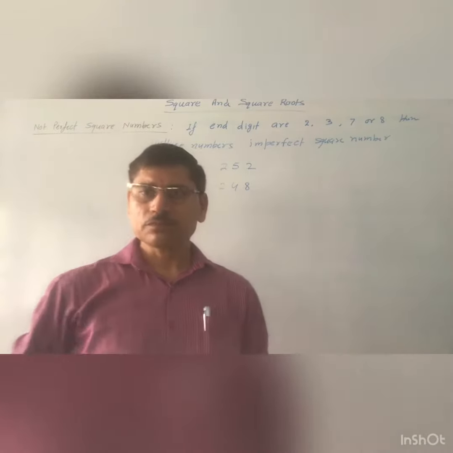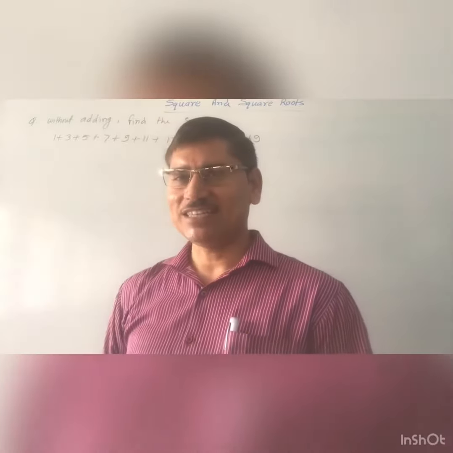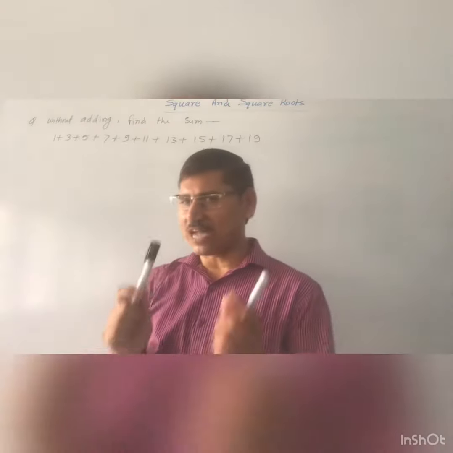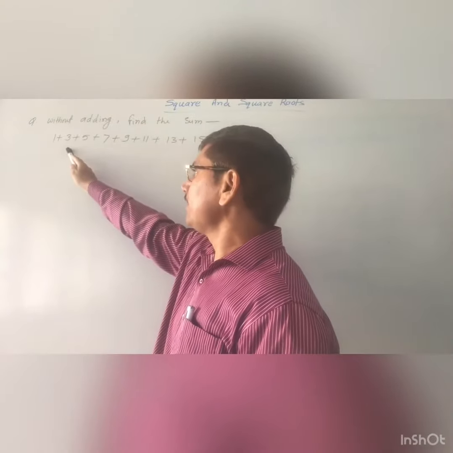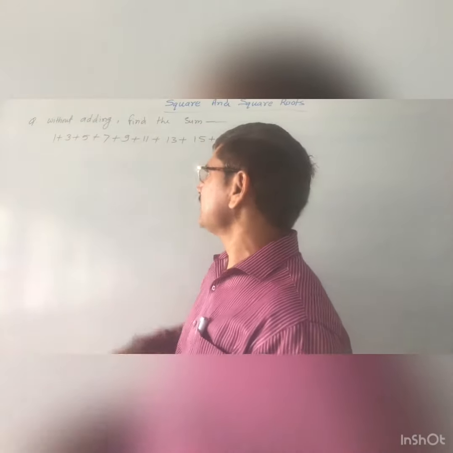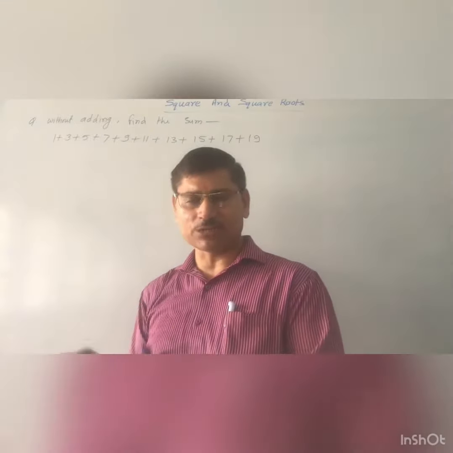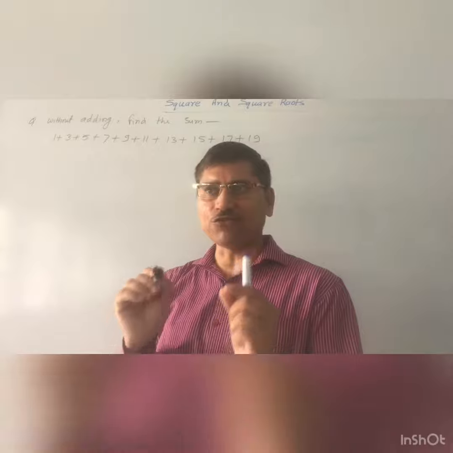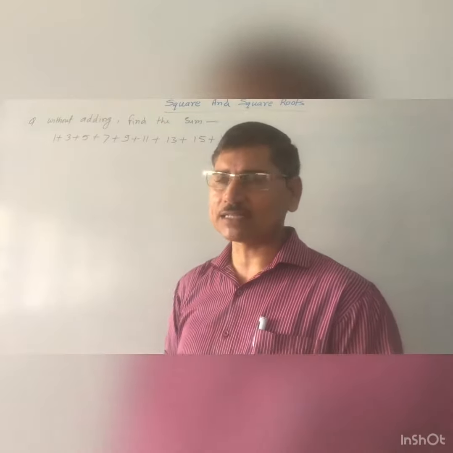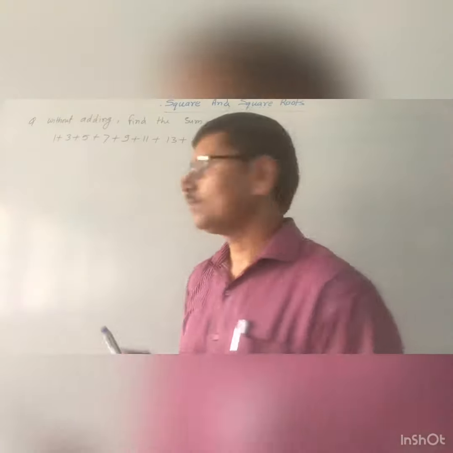Okay. Here is a question to find the sum without actual adding. This is the question. 1 plus 3 plus 5 plus 7 plus 9 plus 11 plus 13 plus 15 plus 17 plus 19. Without adding, find the sum. How can you find the sum? Yes, you can find it.